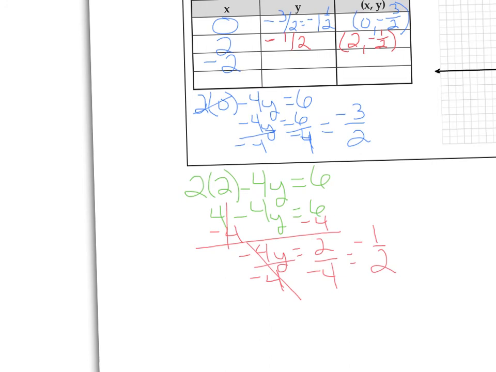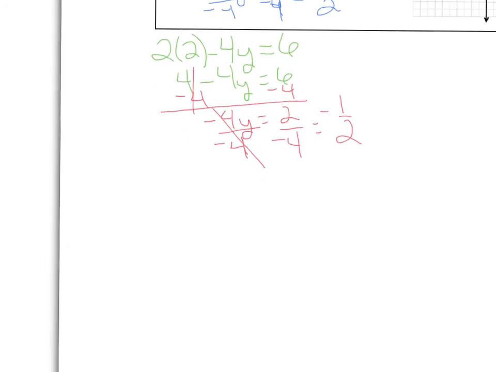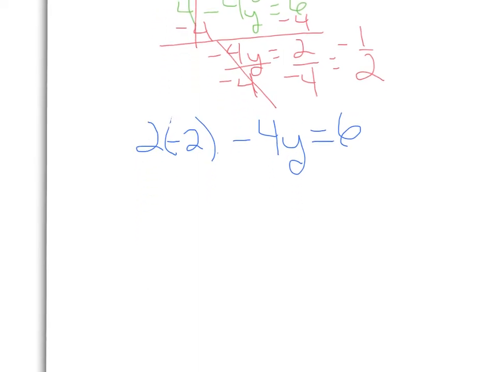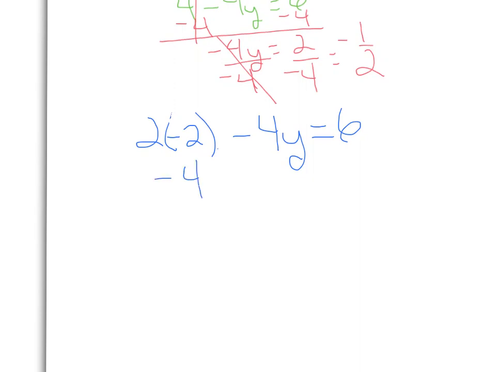Oh, so this time x is negative 2. So we have some room down here to write. So we're going to do 2 times x, which is negative 2, minus 4y equals 6. Okay, so that's going to be negative 4 minus 4y equals 6. We're going to need to add 4 this time.